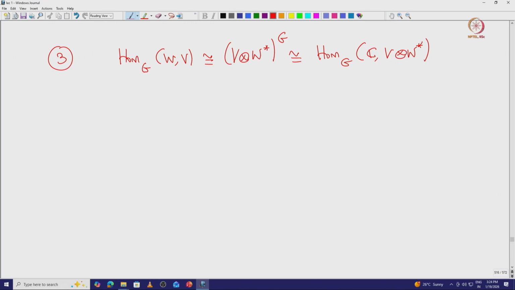So, if you are looking at all possible G-invariant maps from W to V, that is equivalent to looking at all possible G-invariant maps from C to V tensor W star. What we are looking at here is taking the trivial representation C and embedding it inside V tensor W star.